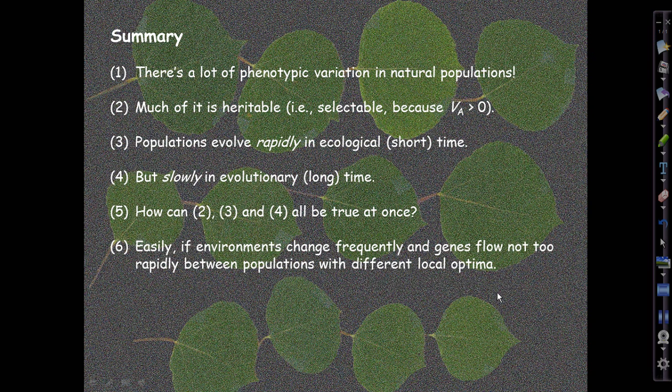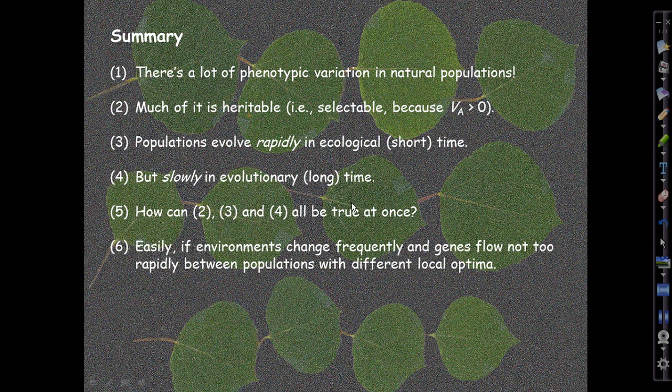Otherwise, they wouldn't be able to diverge if there were super high rates of gene flow everywhere all the time throughout a species range. But if it's not too great, then they will tend to maintain lots of genetic variation, much of which will be heritable.